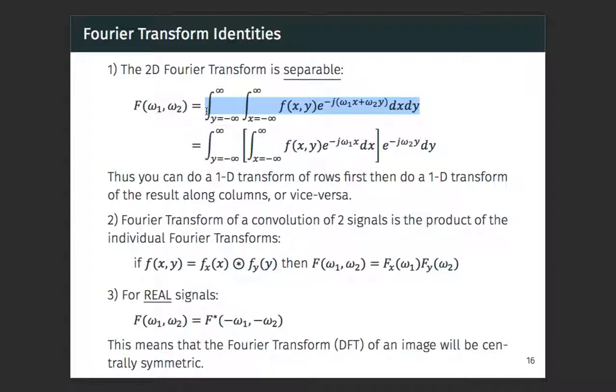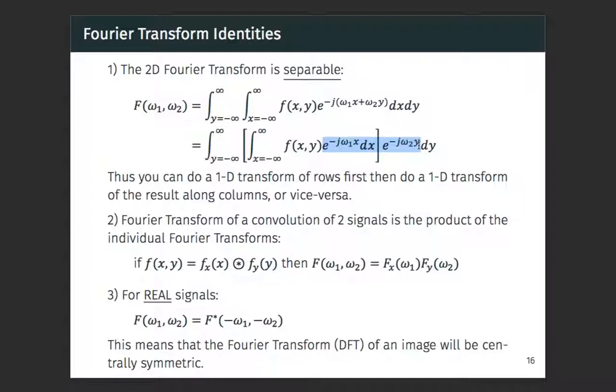That's one of the wonderful things about the Fourier transform: there is a neat trick here. If you reorganize your computation and split it, you have this term with omega-1 x and omega-2 y, and because that's in the exponential, we already have the product of two exponentials.